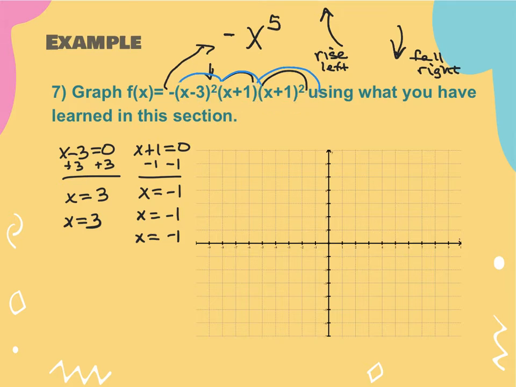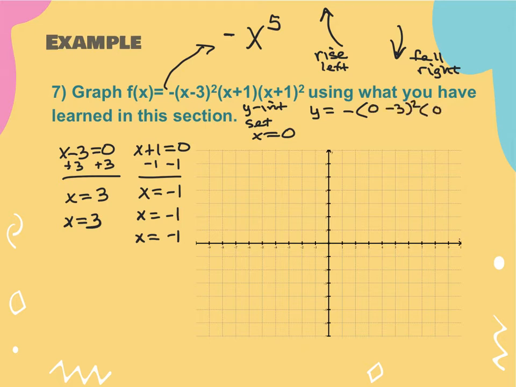Now, unfortunately, it's not already multiplied out, so I need to plug in x equals 0 to get my y-intercept, which isn't that bad. So again, remember to find the y-intercept, you set x equal to 0. So I'm going to plug in zeros. So y equals negative, and then 0 minus 3 squared, 0 plus 1, 0 plus 1 squared.